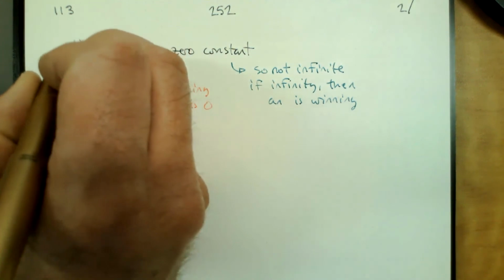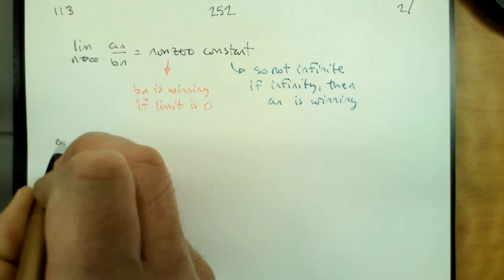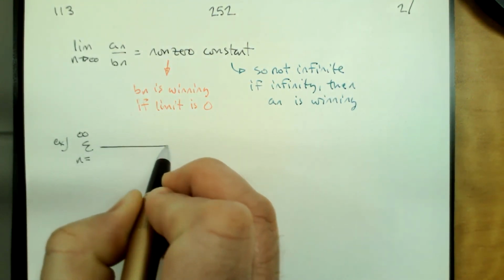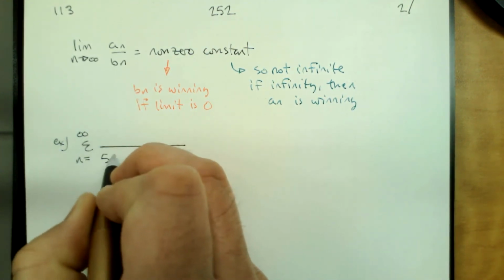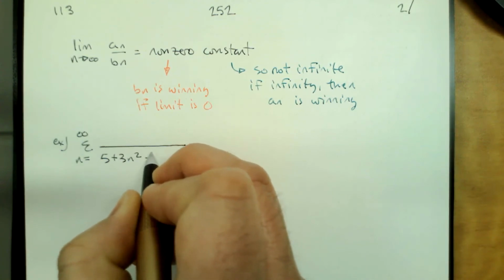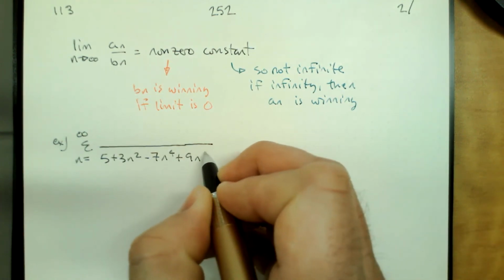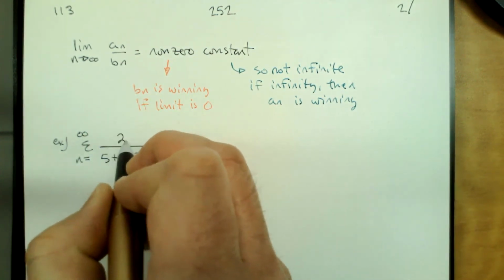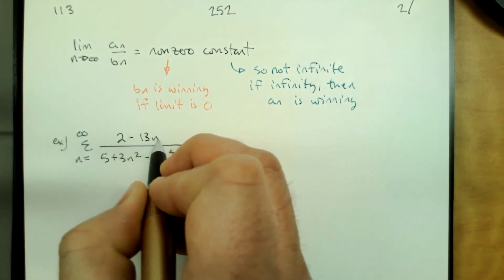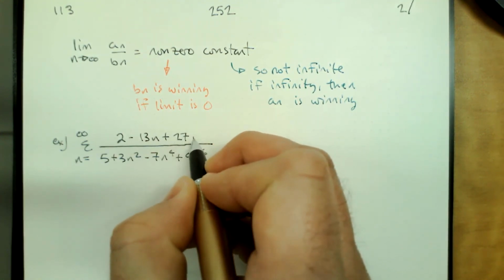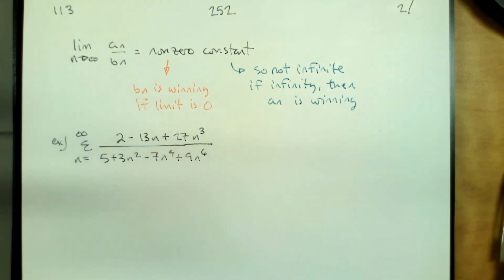What this is useful for is not having to make a direct comparison. So for example, if we had a series like this, I don't want to have to analyze this so much just to determine if it converges or diverges.